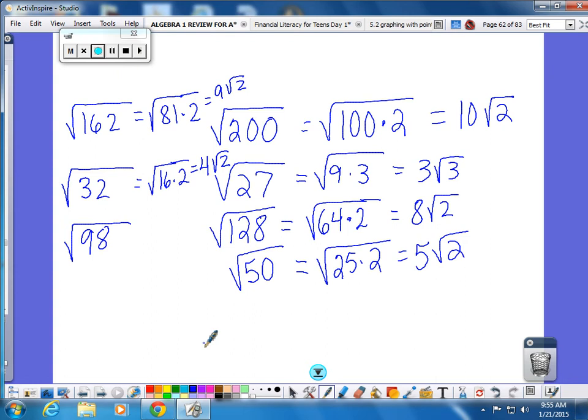What is that one? Square root of 49 times 2 equals 7 square root of 2.